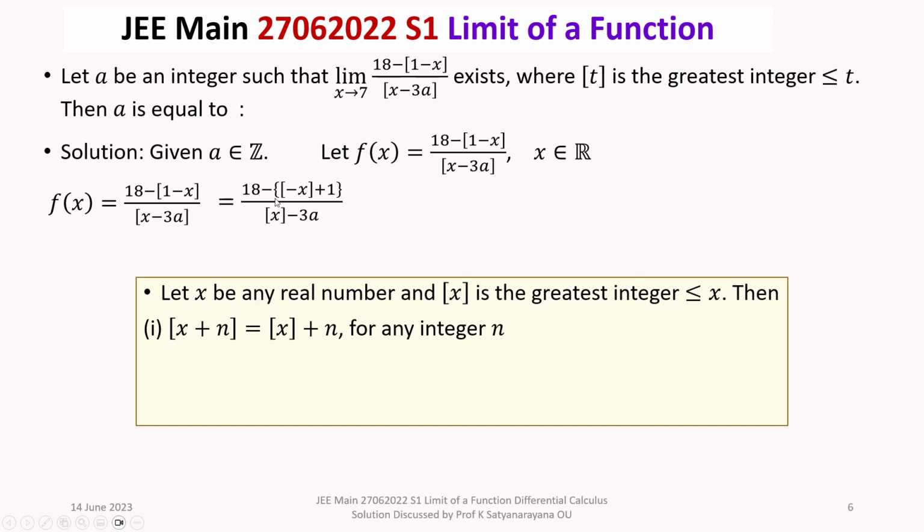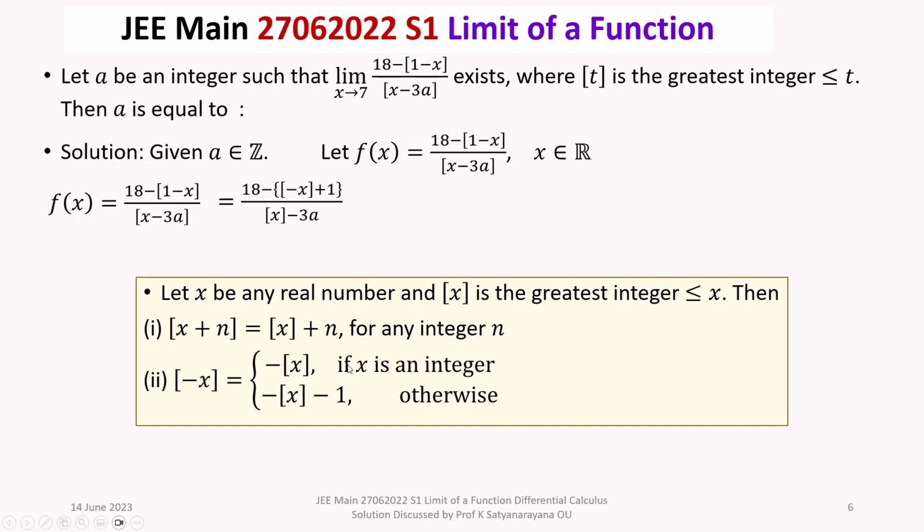Now what is bracket of minus x? The bracket of minus x is minus bracket x when x is an integer. Otherwise, it is minus bracket x minus 1. Otherwise means when x is real, which is not an integer, then minus bracket x minus 1.